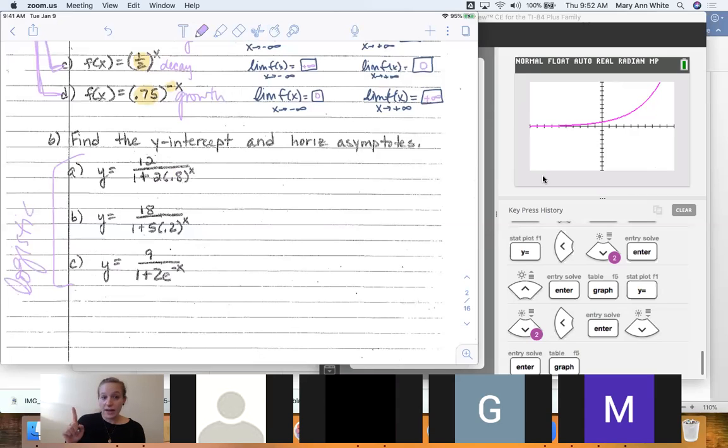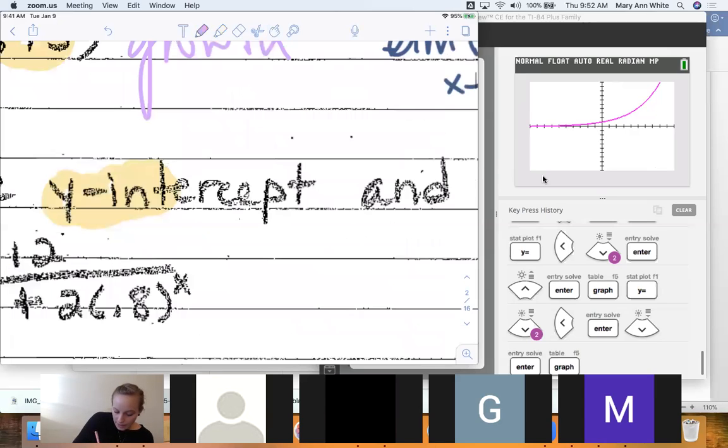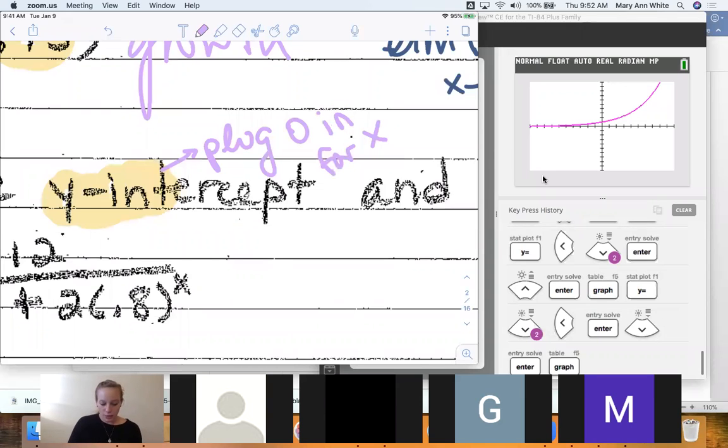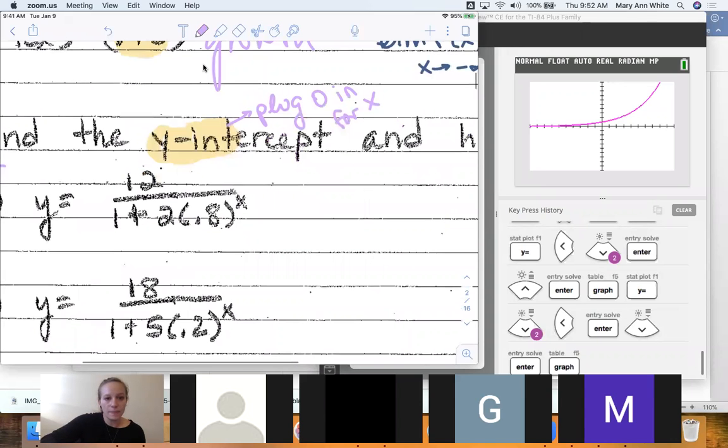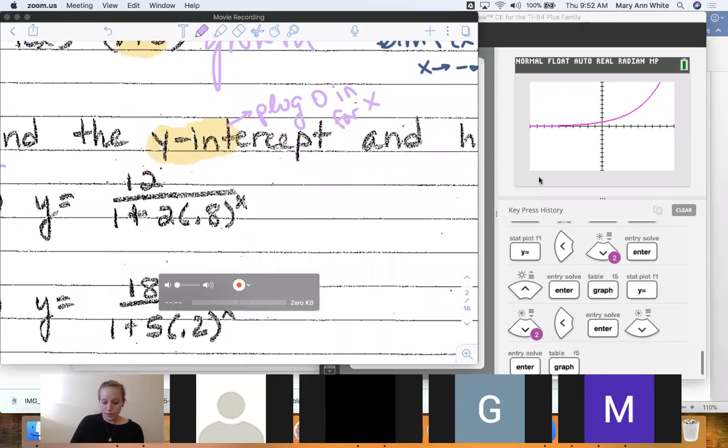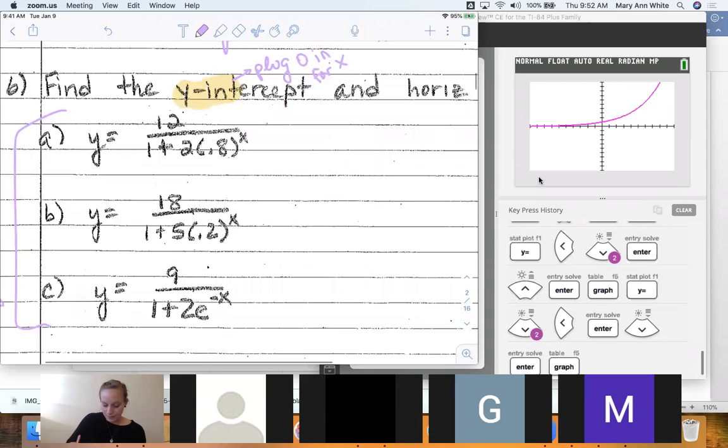We're going to want to find our x-intercept and our horizontal asymptote. Your x-intercept is, or sorry, your y-intercept, is just like we've been finding before. We just plug 0 in for all my x's. We just replace all the x's with 0 and then we solve. So let's do that and then we'll do horizontal asymptote.